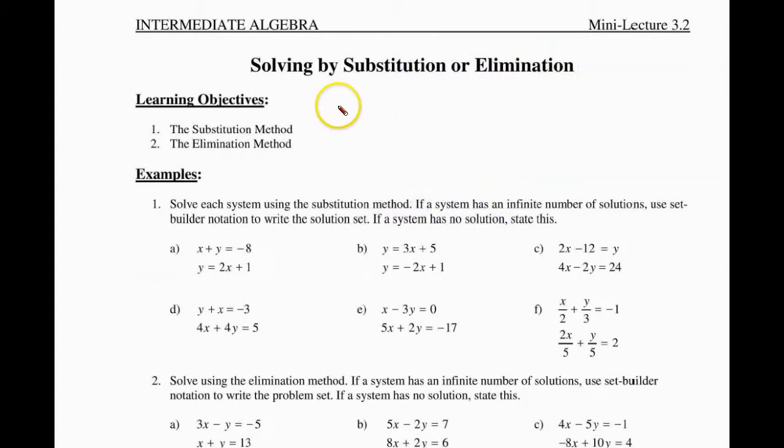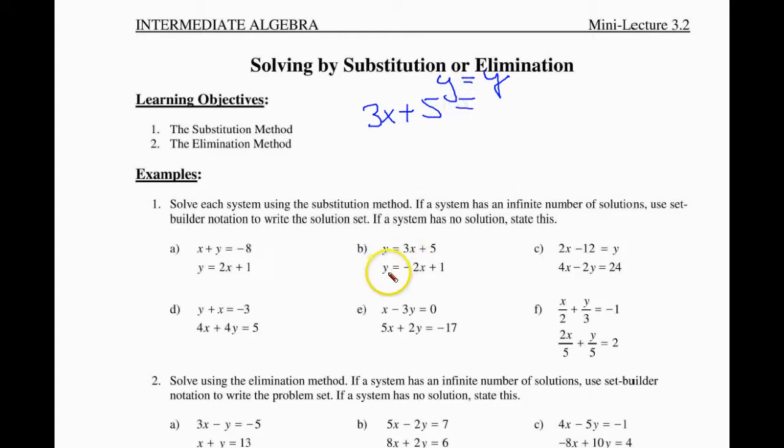Okay, let's look at B. Now B is sort of an interesting situation where we have y equals something and y equals something. So in a sense, we can set it up as y equals y. And what is that first y? It is 3x plus 5.